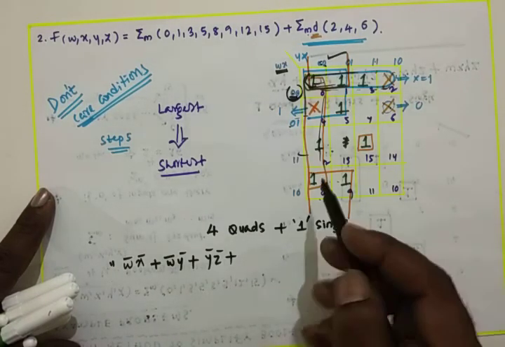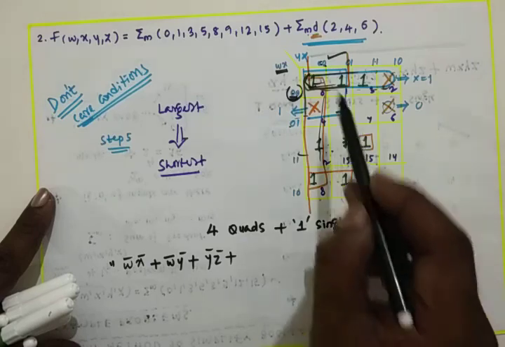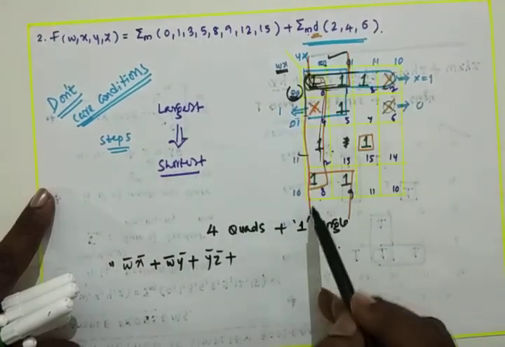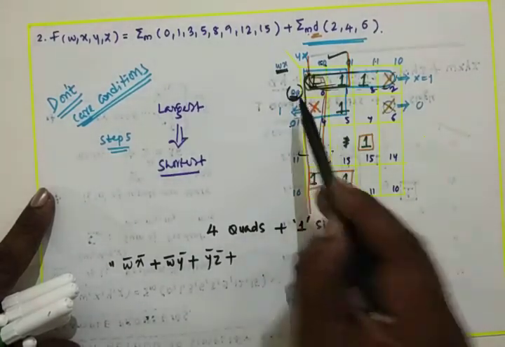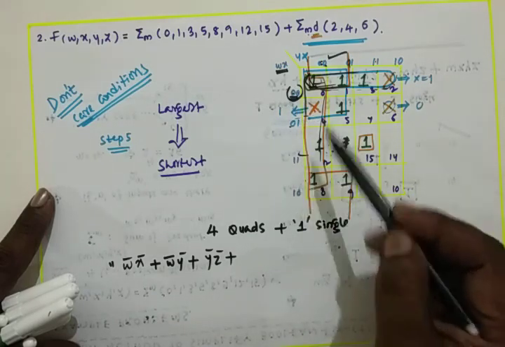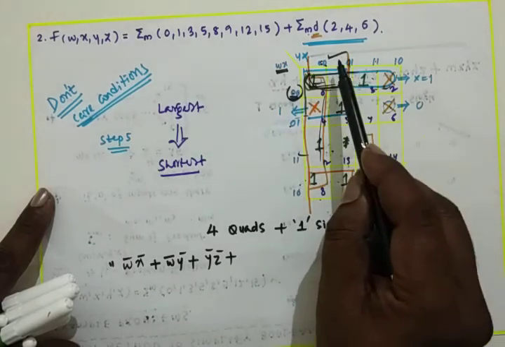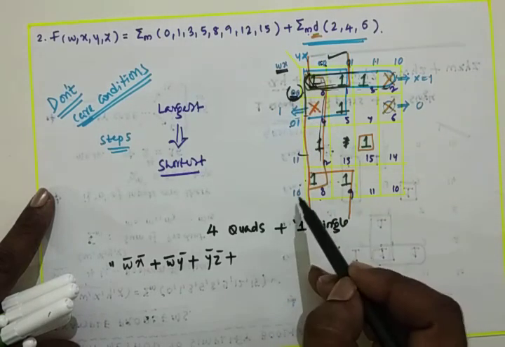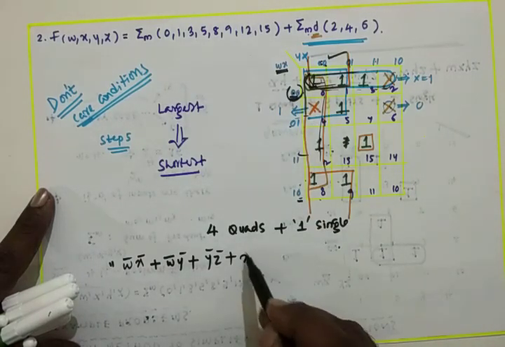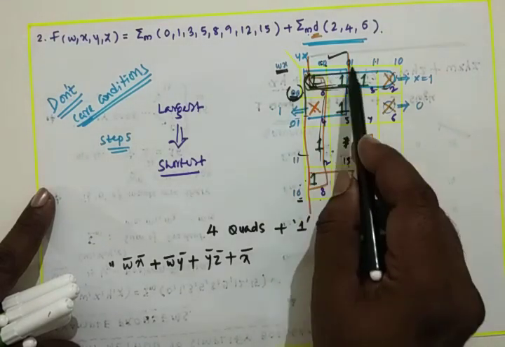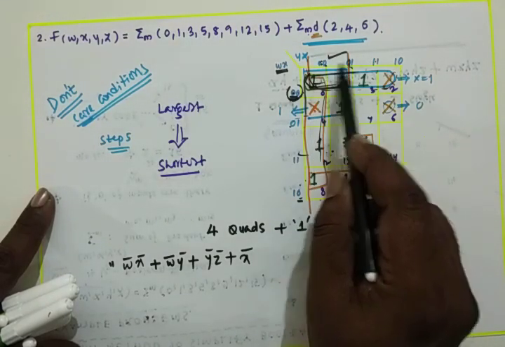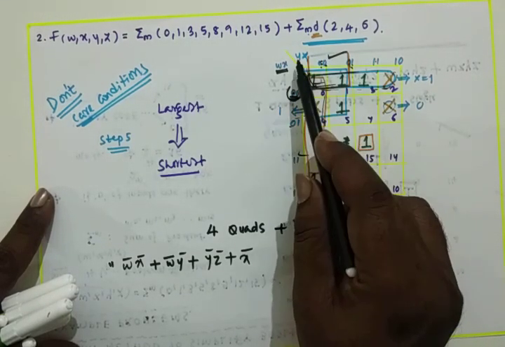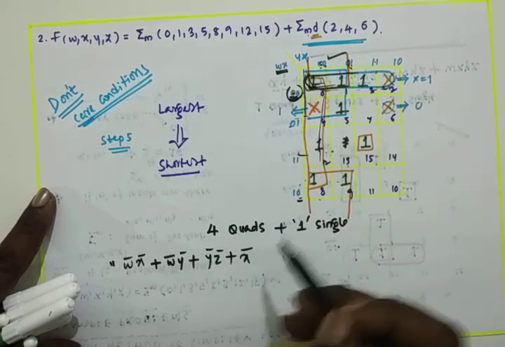And we have one more quad. That quad is this part and this part, so the quad is in 2 rows and 2 columns. In the 2 rows, 0 0, 1 0, 0 is common, that is x bar. And in these 2 columns, which one is common? 0 0, 0 1, 0 is common, that 0 is nothing but y bar.